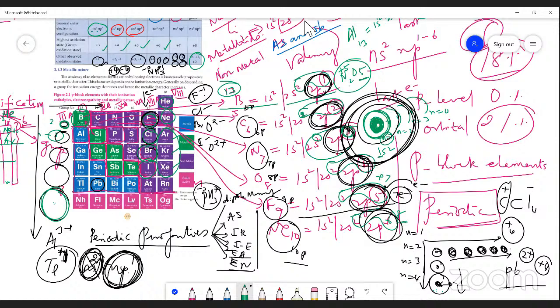Boron differs from all these elements, because aluminium, gallium, indium and thallium are purely metals, but boron is a metalloid, so it is differing. That is dissimilarity.